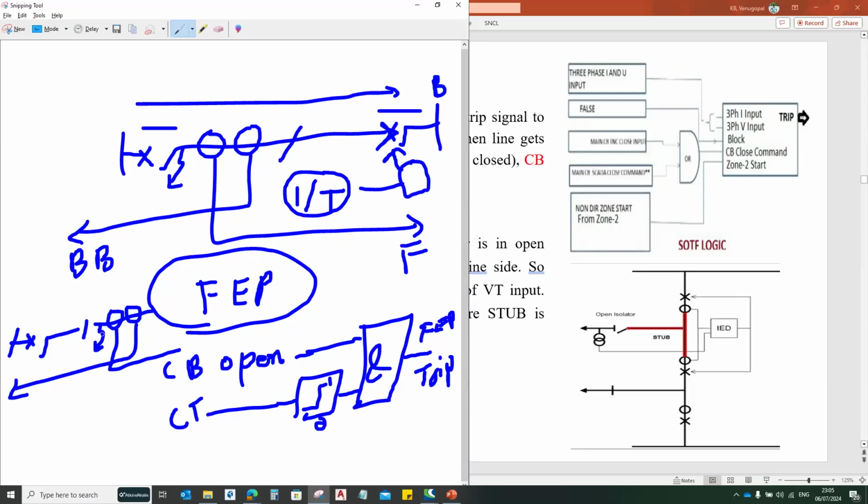So during the fault condition, for this fault, your busbar protection will operate and trip the circuit breaker, and feeder protection will not operate because the fault is beyond the zone. So for maintenance purposes, I open this isolator as well. Now I want to clear this fault. How I'm clearing this fault is by taking the disconnector open status, then the CT.